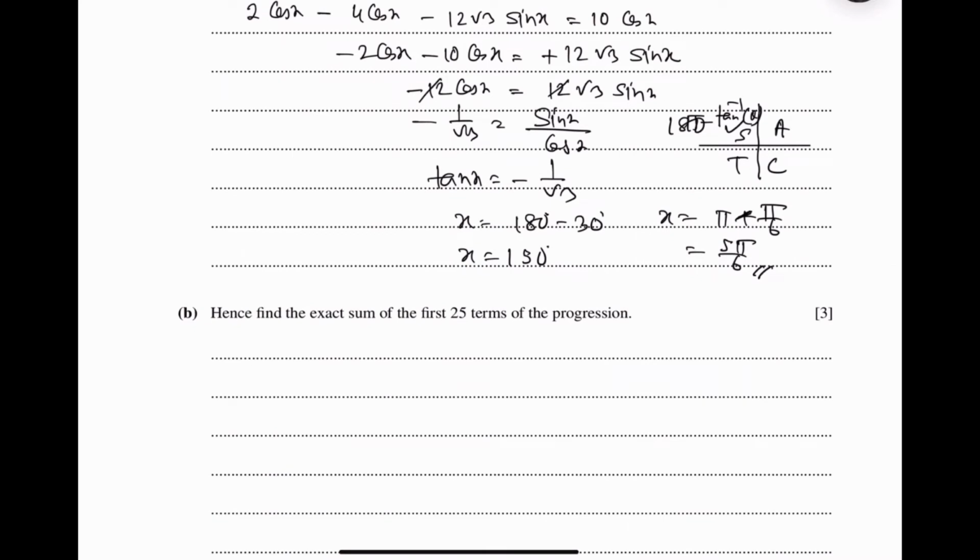Hence find the exact sum of 25 terms. Its marks is 3. So exact sum of 25 terms.